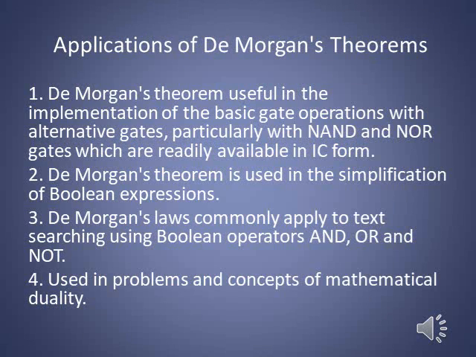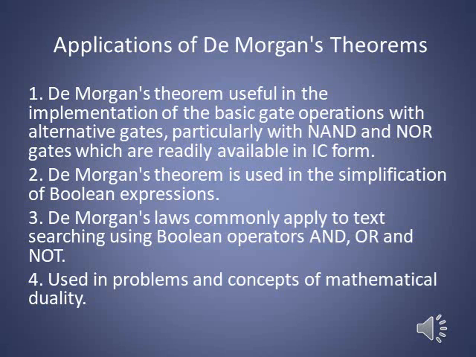Applications of De Morgan's theorems are as follows. De Morgan's theorem is useful in implementation of basic logic gate operations with alternative gates, particularly with the NAND gate and NOR gates, which are readily available in IC form. The second application is that these theorems are used in simplifying Boolean expressions extensively.